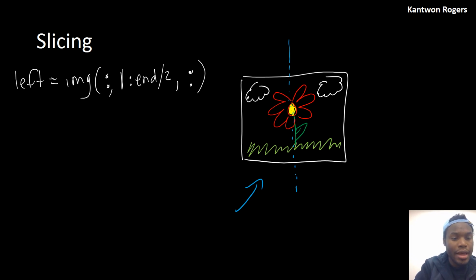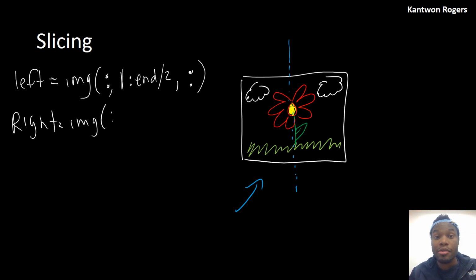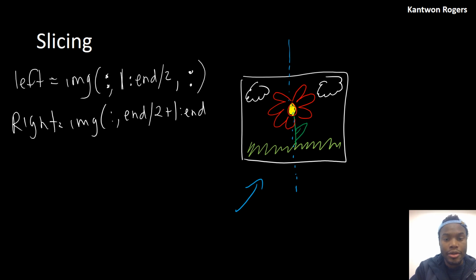So that's my left half, and my right half will be all of my rows, and then for the columns I want the second half of my columns, so that's the end divided by 2 plus 1 to the end, and the layers that I want are all the layers. Now the top half is going to be similar to what we did, but now we're going to interchange how we indexed our rows and our columns.